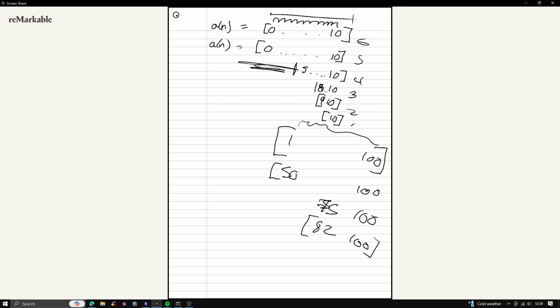We're really working in approximations here. And then 91, 100. Then we really only have to cut in half a few more times. Let's be really fast here and just say 96, 100, 98, 100, and 99, 100, 100.